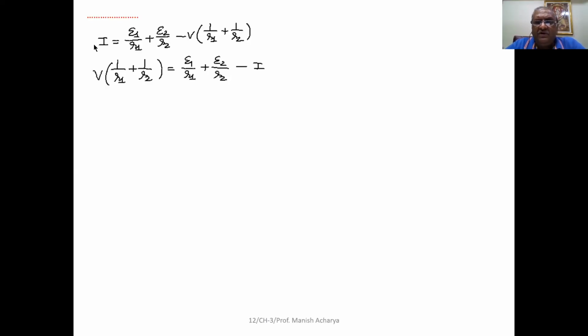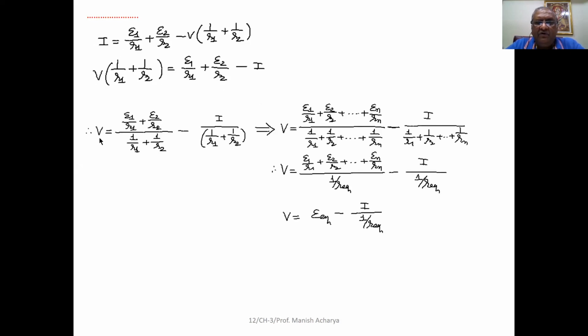Now the equation of current is rewritten here. I equal to E1 upon R1 plus E2 upon R2 minus V into 1 upon R1 plus 1 upon R2. So we can write V into 1 upon R1 plus 1 upon R2 equal to E1 upon R1 plus E2 upon R2 minus I. Therefore, without taking LCM, take this bracket on right hand side.